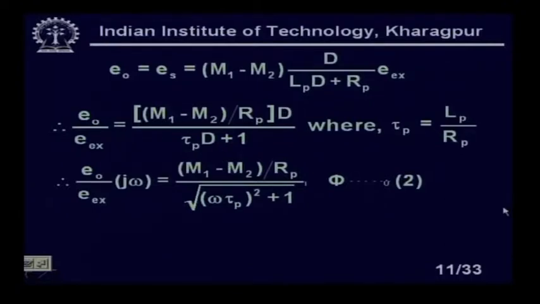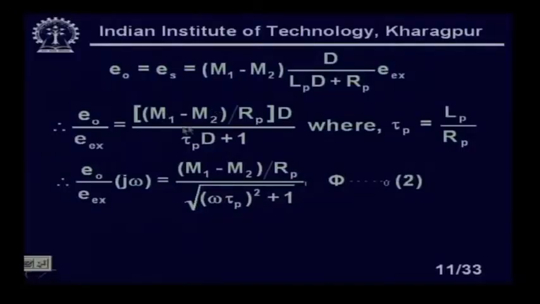If I move the core up, M1 will increase and M2 will decrease. If I move the core down, M2 will increase and M1 will decrease. So, x is hidden within M1 and M2, and obviously this output voltage will be proportional to the position of the core, or x.